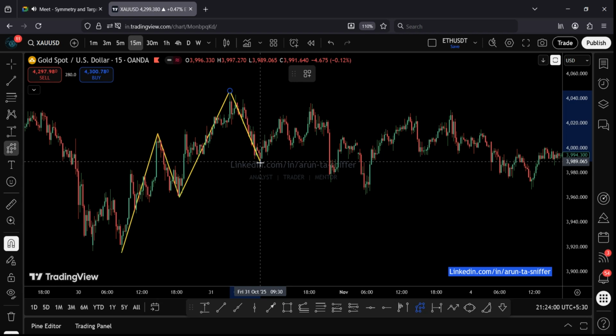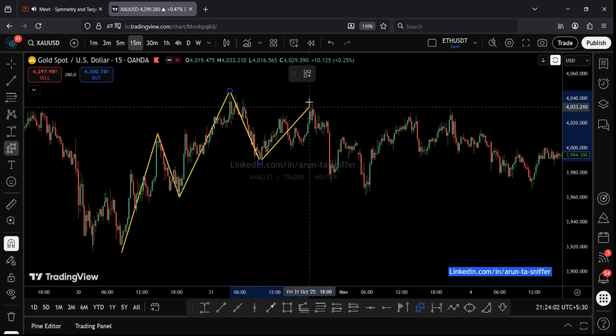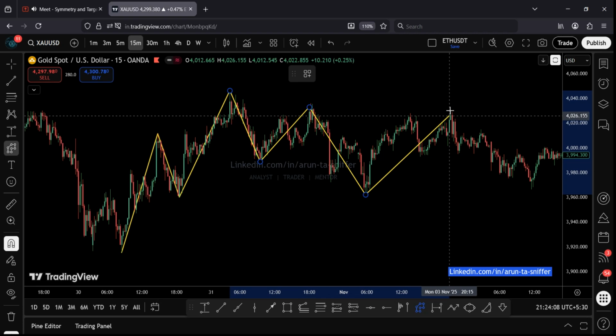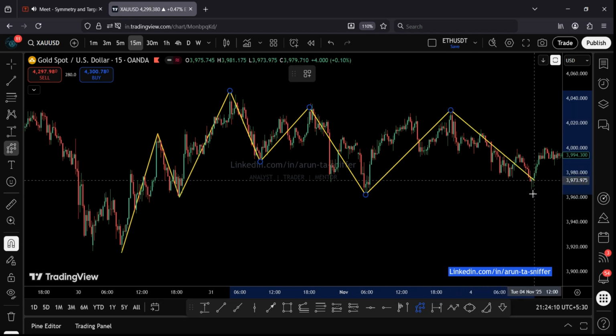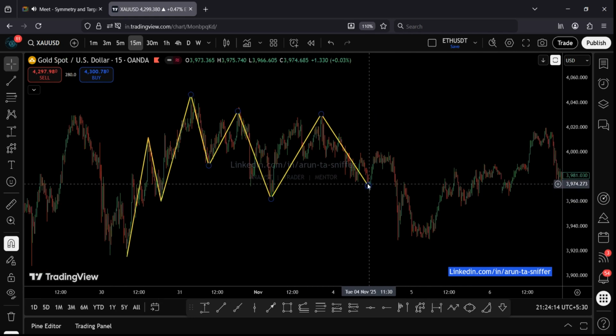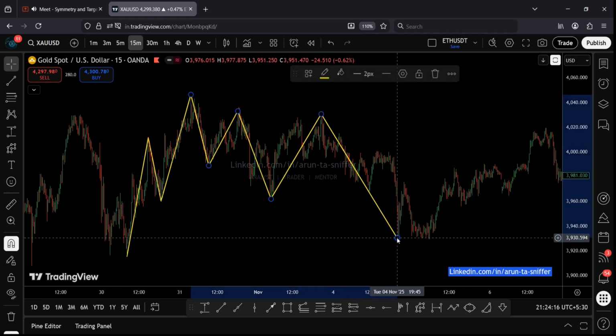Then comes down, goes up, comes down, then goes up and comes down like this.